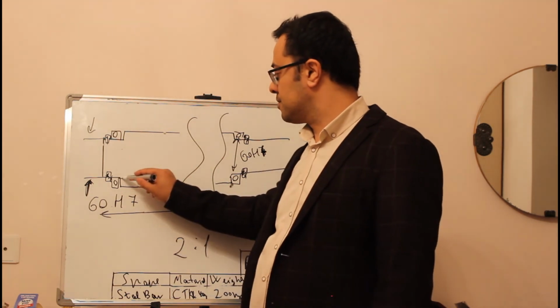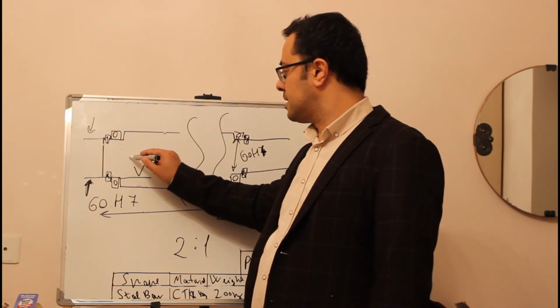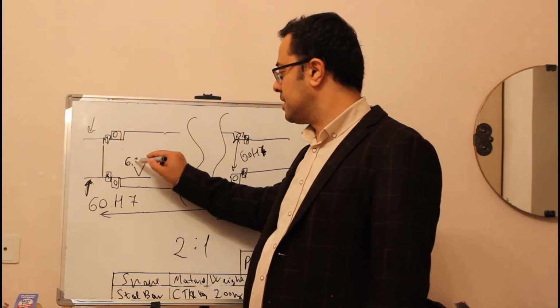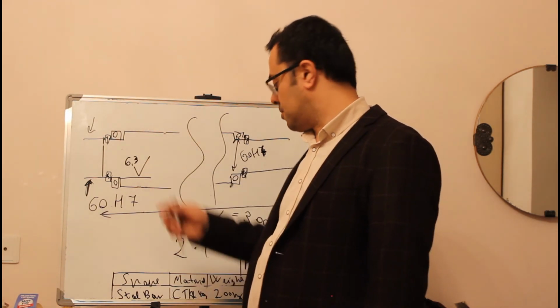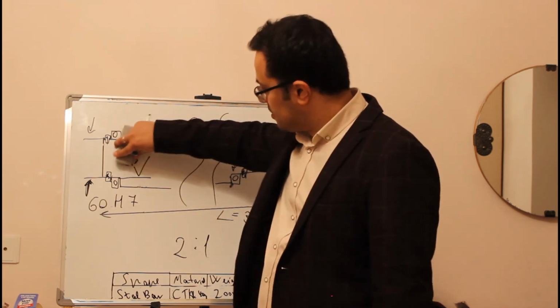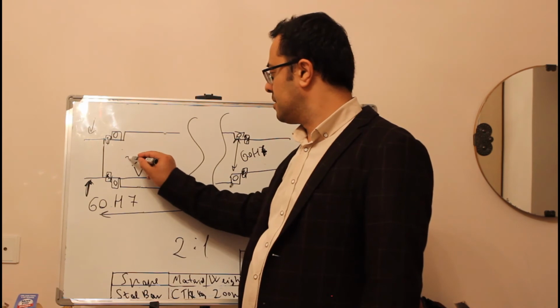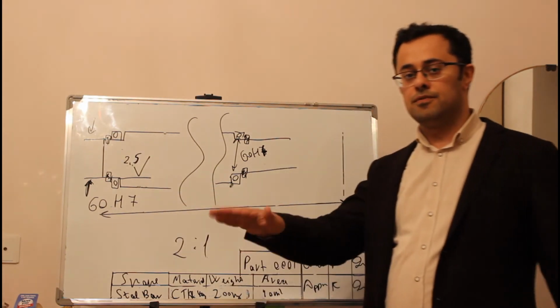You should put, machine it to, let's say, like 6.3 or 3.2, yeah, 2.5, let's say, yeah, 2.5. 2.5 means the surface roughness.